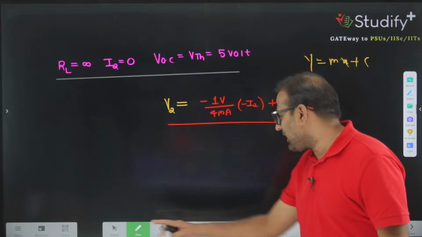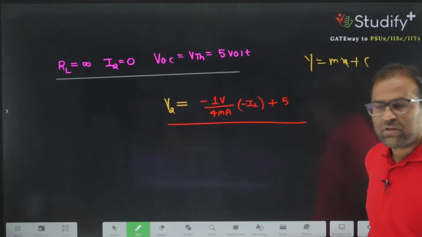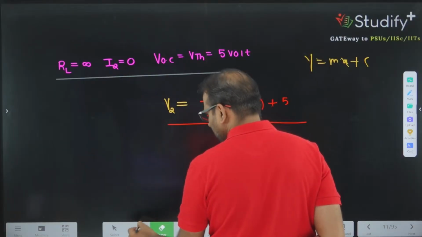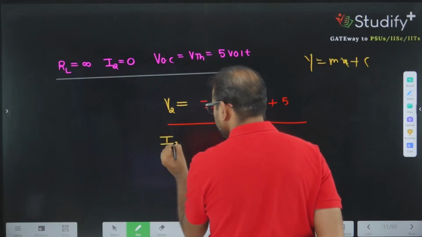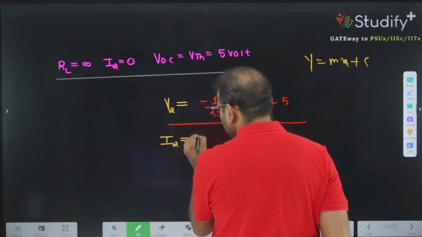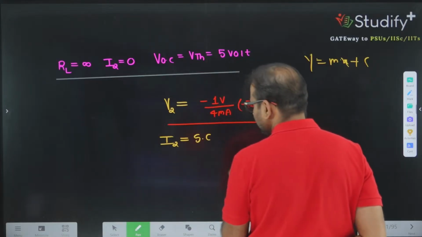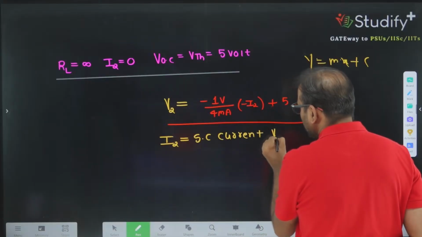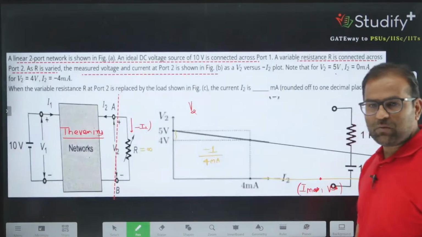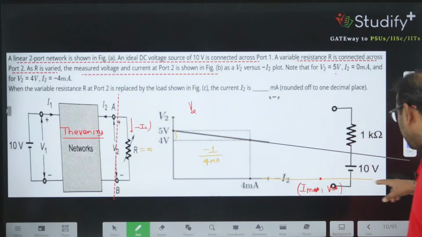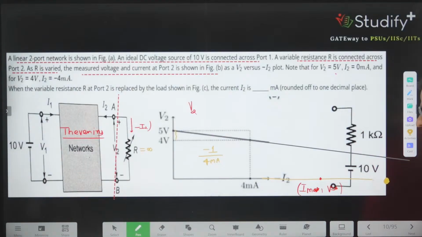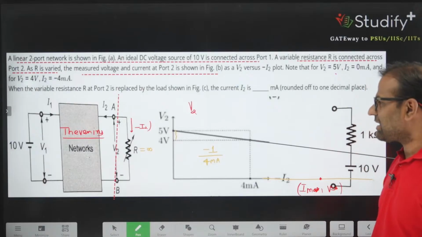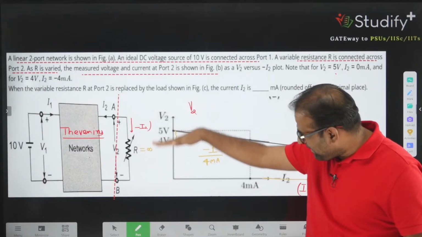Now what can I say? If this equation is given, I2 will represent the short circuit current if I make V2 equal to 0. Because when this line intersects the x-axis, that is the point where the y magnitude is 0.